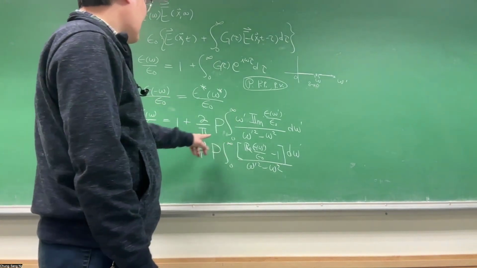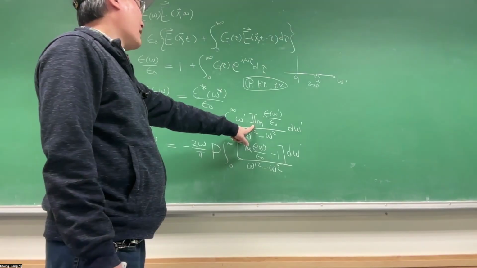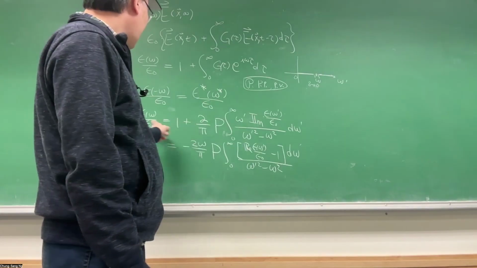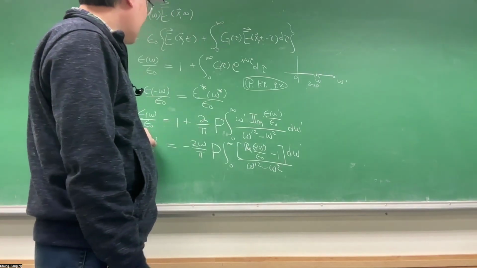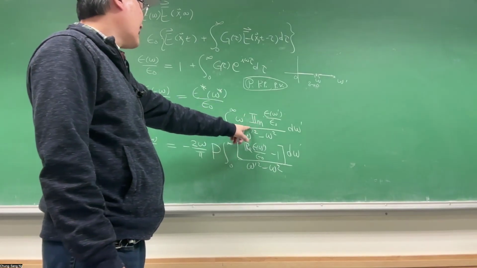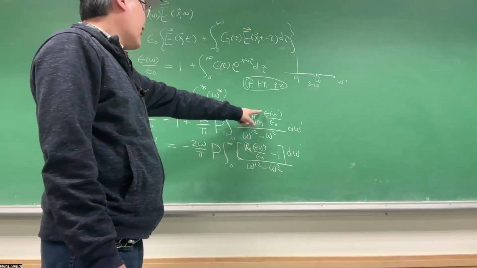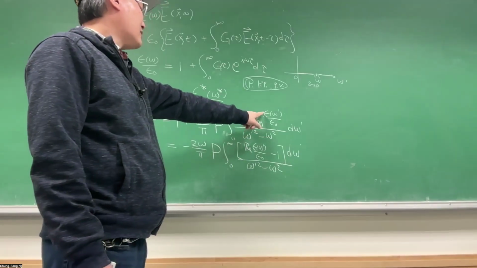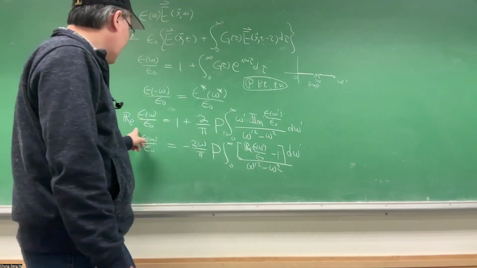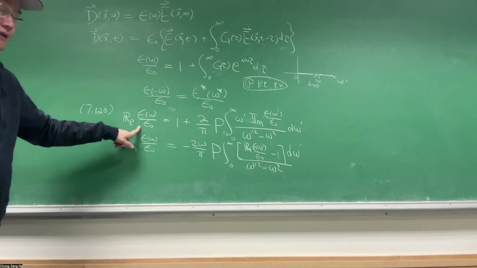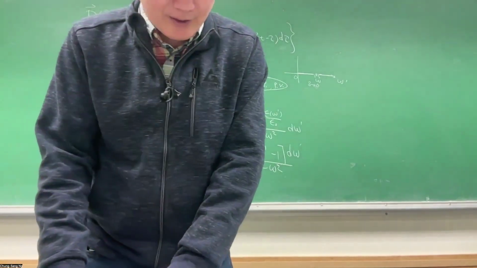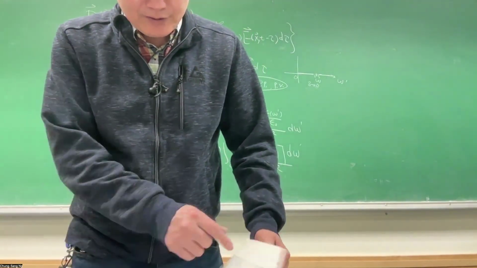As long as the imaginary part is not zero over some range of omega, the real part will not be exactly epsilon zero. That's quite interesting.